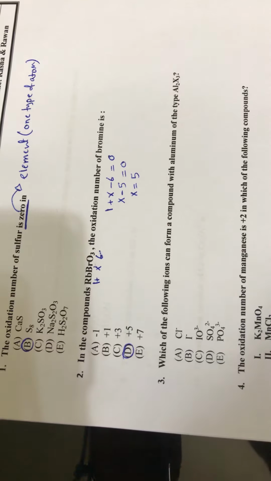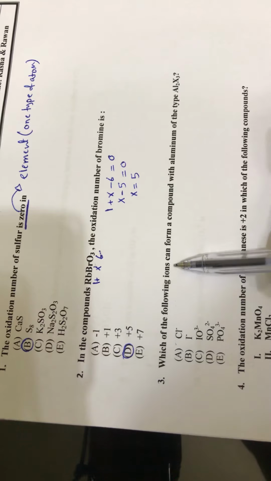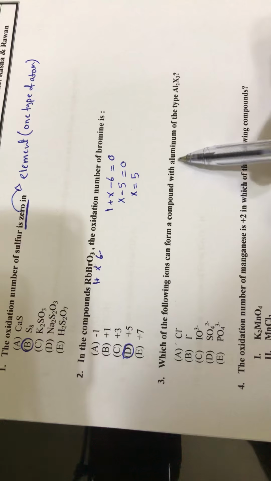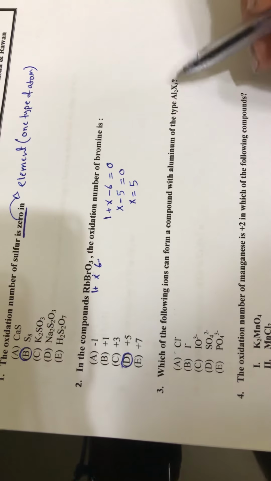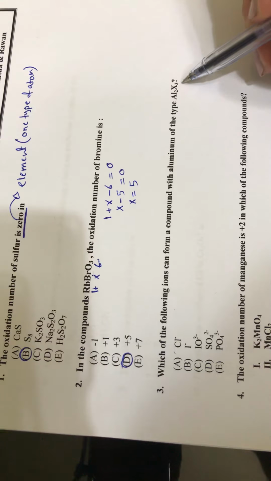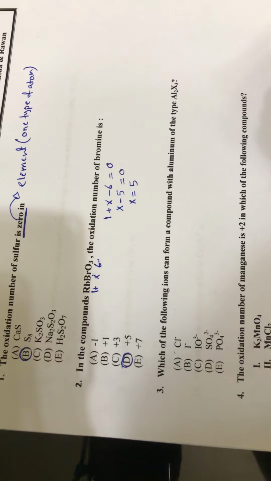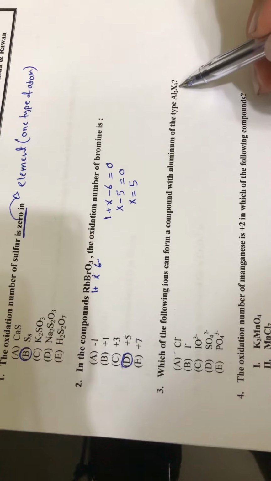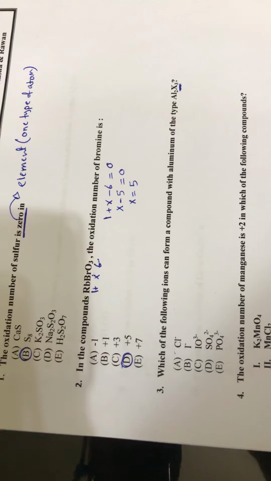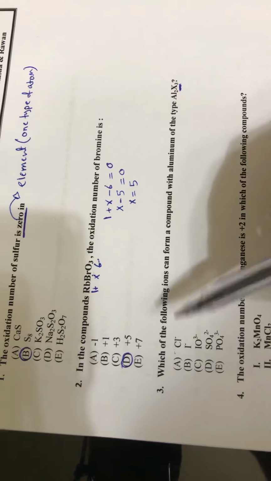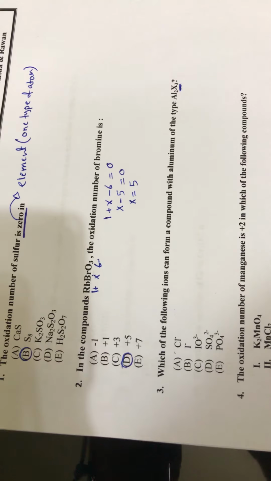Now question 3. Which of the following ions can form a compound with aluminum of the type Al2X3? Here you have to find the oxidation number of X. So from the oxidation number you can choose one of these.